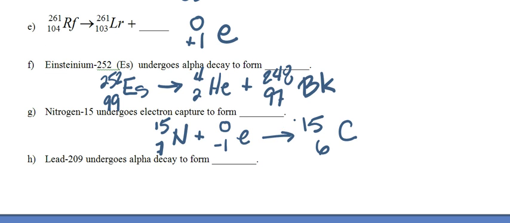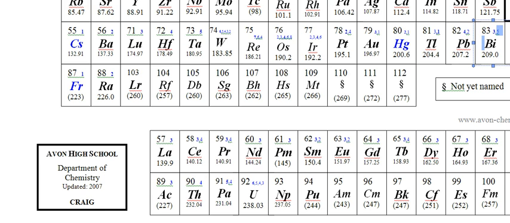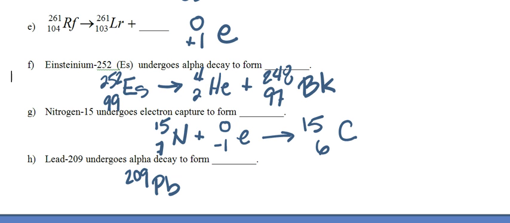Okay, lead-209. So Pb-209. And lead's number is 82. Just did that not too long ago. It undergoes alpha decay, so arrow. Again, alpha is a 4, 2.